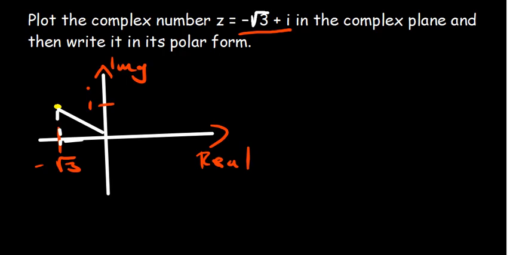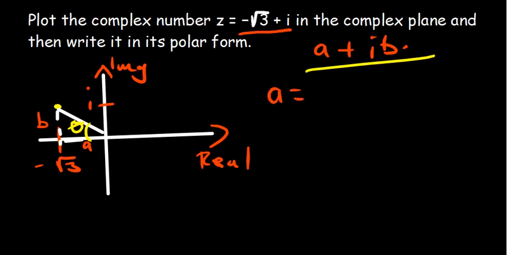Now the imaginary part is going to be represented by B, and this is your modulus. The complex number we have is in the form A plus iB. Taking into consideration the angle to be theta, we're able to convert that to polar form. How do we find A from trigonometric ratios? A is the x part.